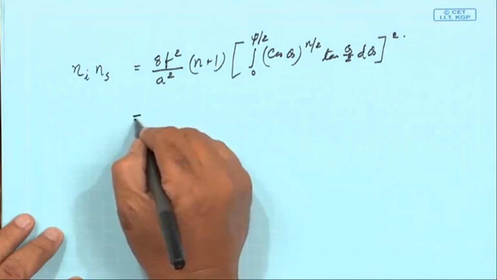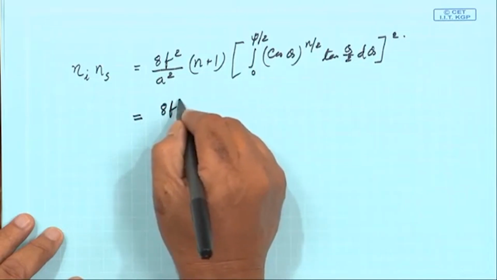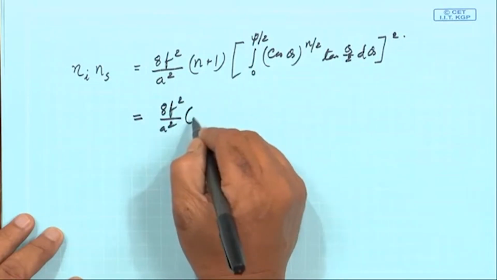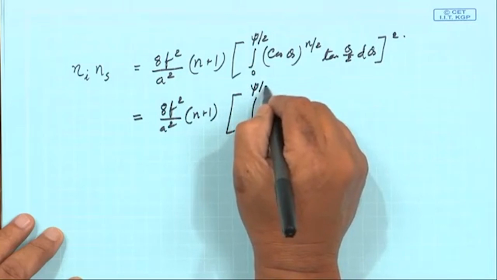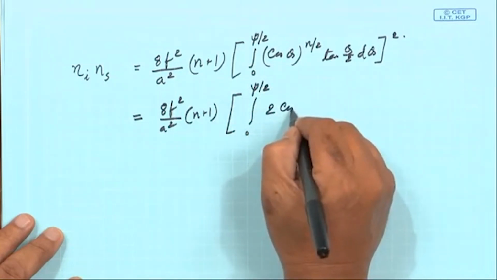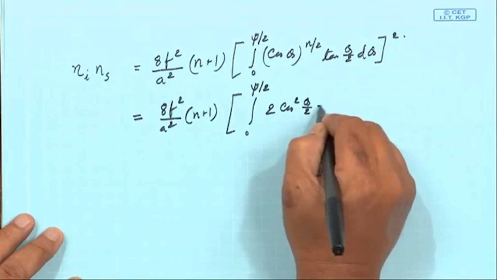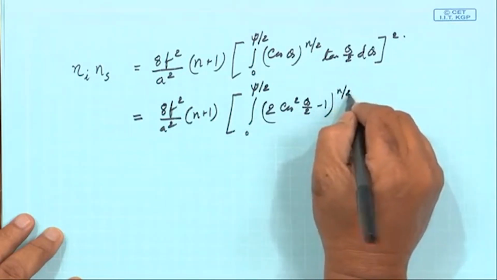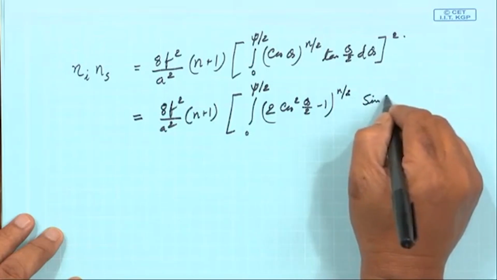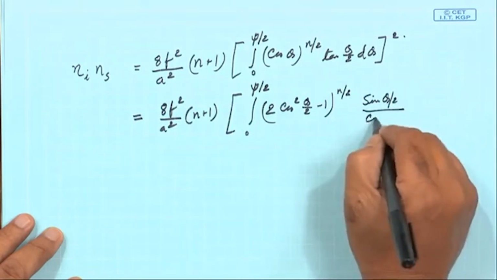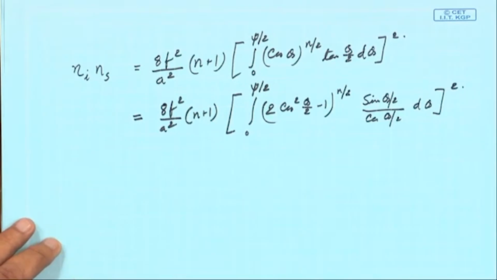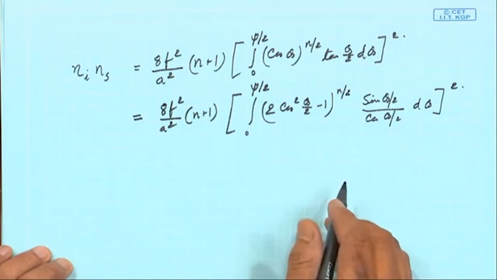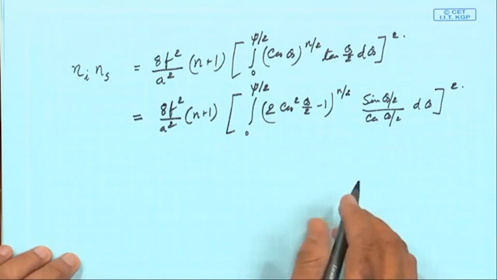So, this people have further worked out. Now this integral is 0 for odd n and non-zero for even n.